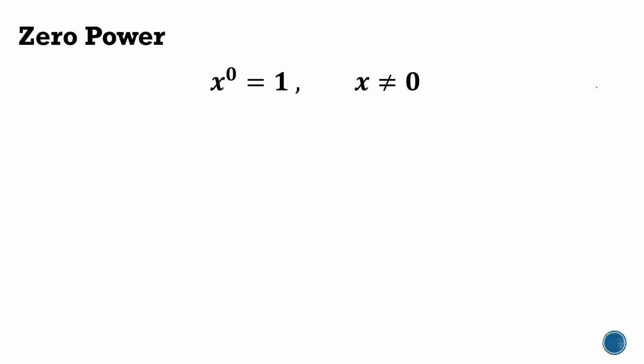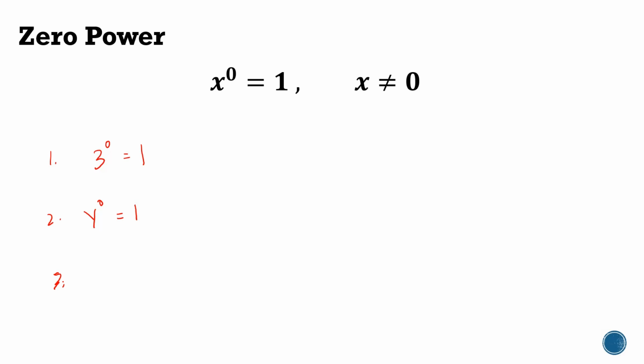Oh, this is the last one, the zero power, but x cannot be equal to 0, okay? So meaning if you have, let's say, number 1, 3 raised to 0, that's 1. y raised to 0, that's 1. x raised to 0, I don't need to write it here because it's the law already. x raised to 0 is equal to 1.